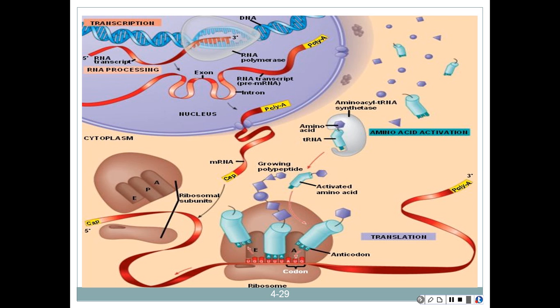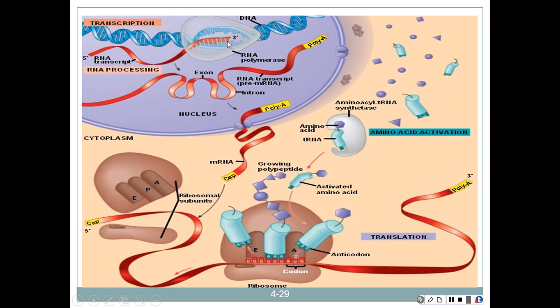Now this enzyme opens up the DNA helix, like I just explained, and it starts to read the bases in one strand, and then it matches them with the complementary bases. So if we have a TAC, for example, TAC for our DNA strand, what will be the RNA strand?